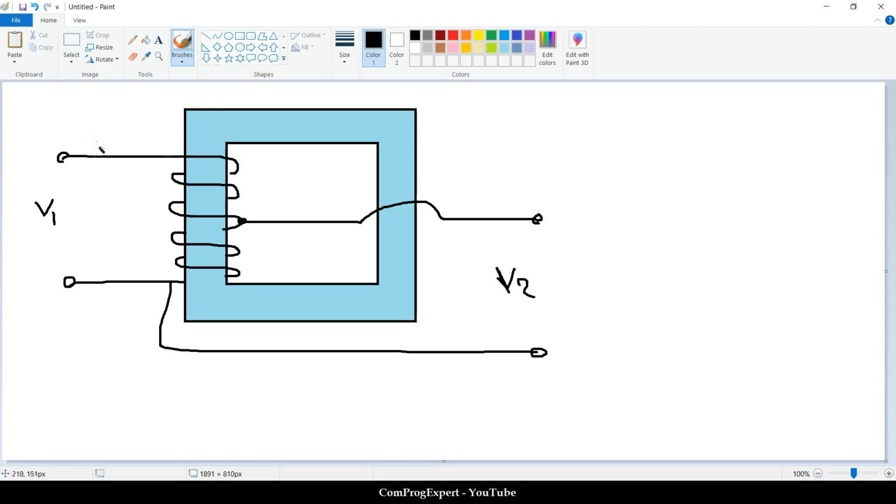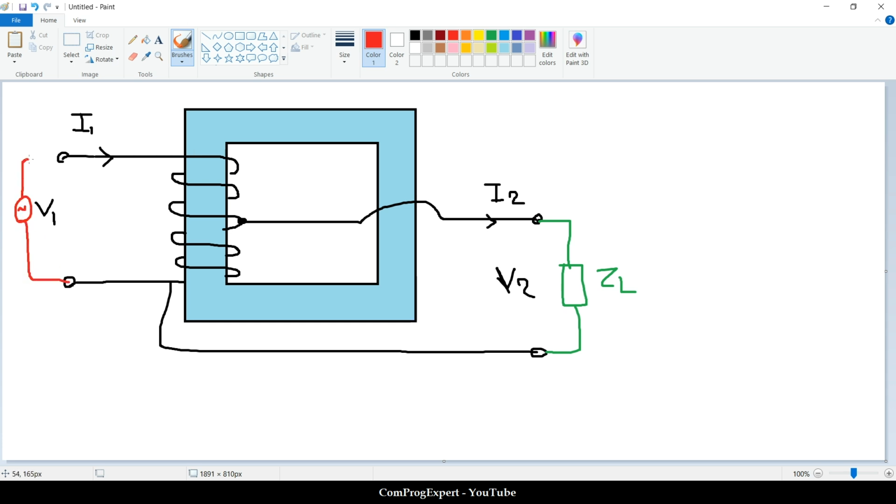So this is I1 and this is I2. Suppose we have a load here. This is the load impedance. And suppose we have a voltage source here.